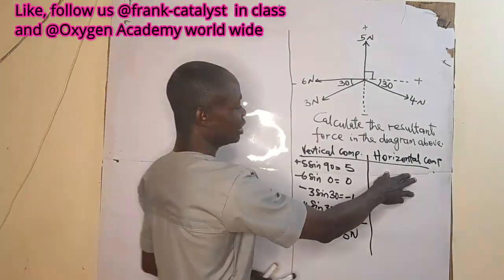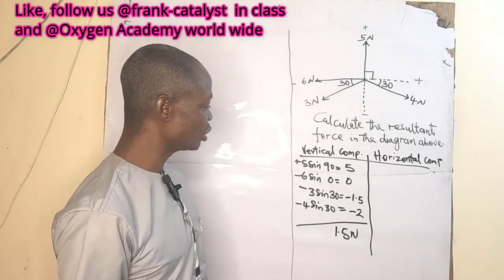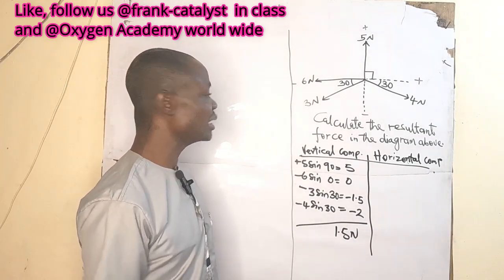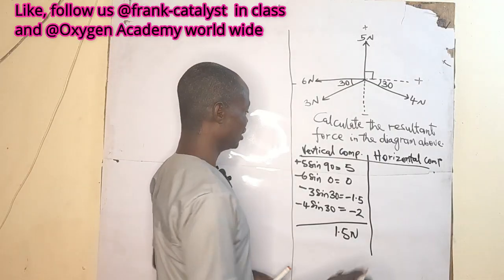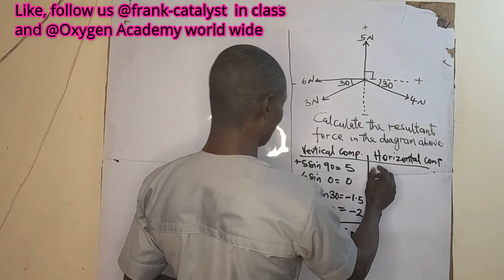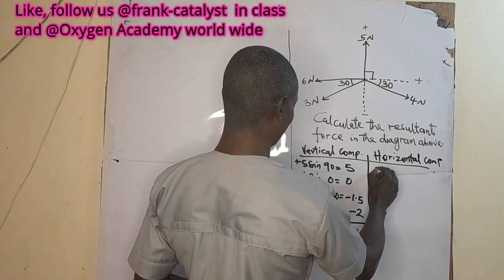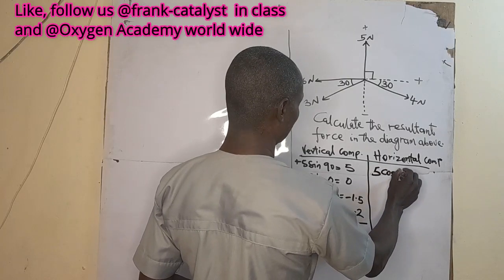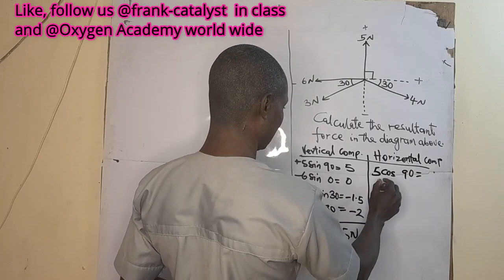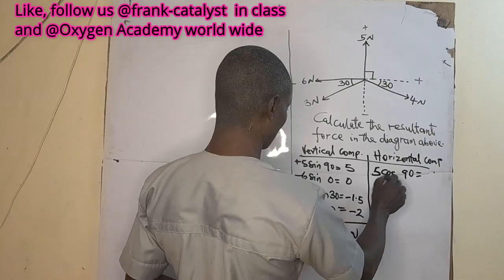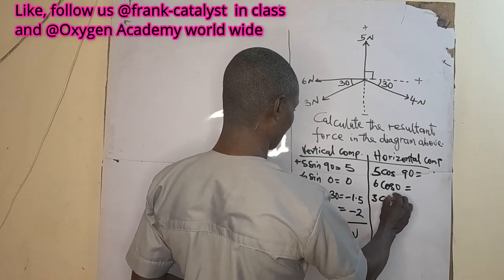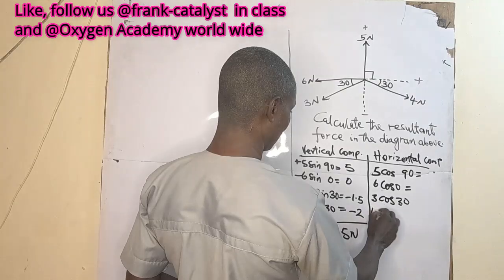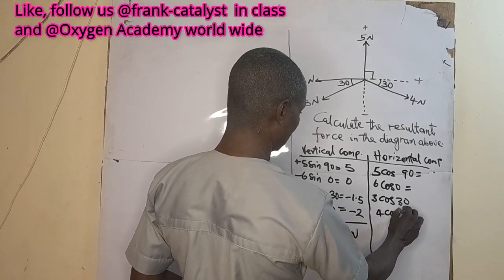Coming to the horizontal component, we are going to replicate the same thing. The only difference is that the sign is going to be different. I'll write 5 cos 90, 6 cos 0, 3 cos 30, and 4 cos 30.